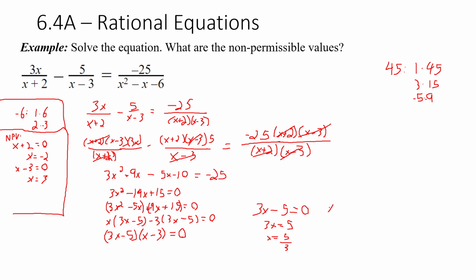And the other one is x minus 3, solve for that. So x equals 5/3 and 3. These are the two values for x.